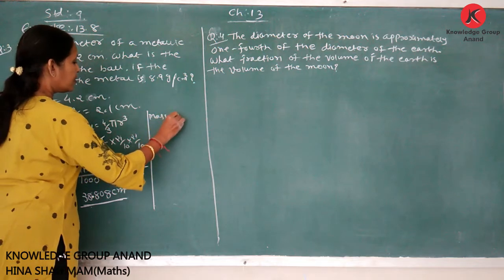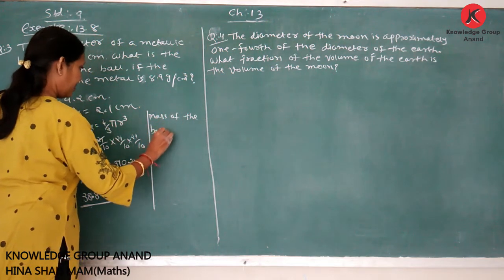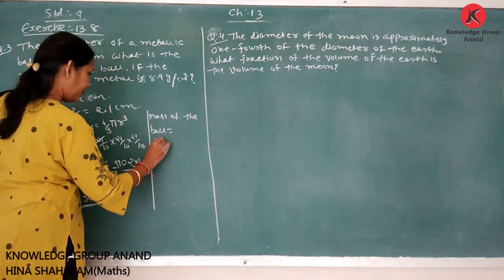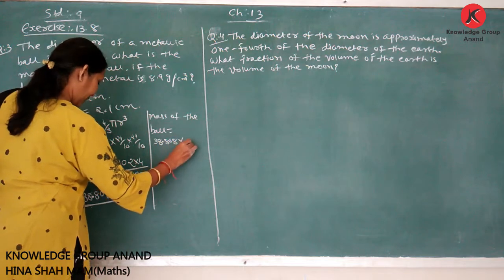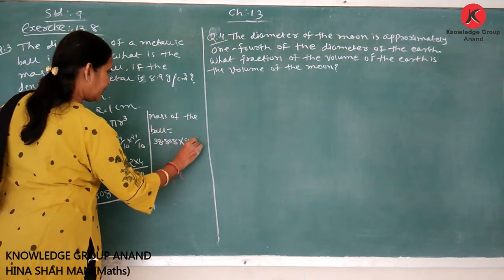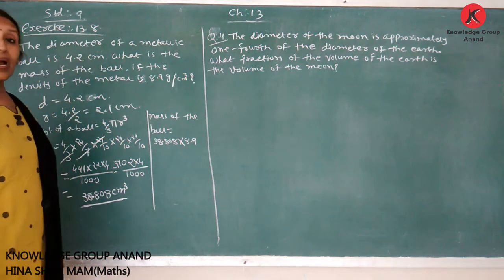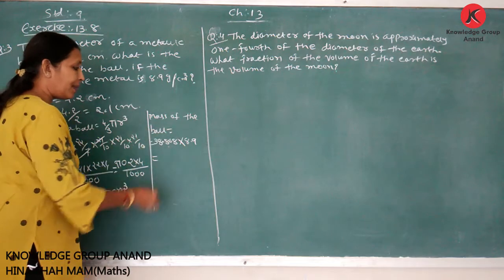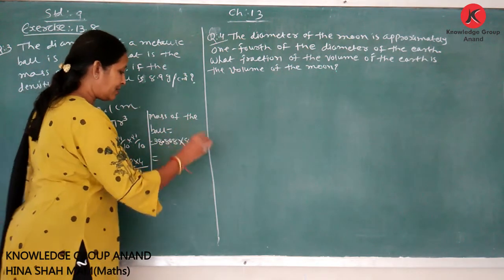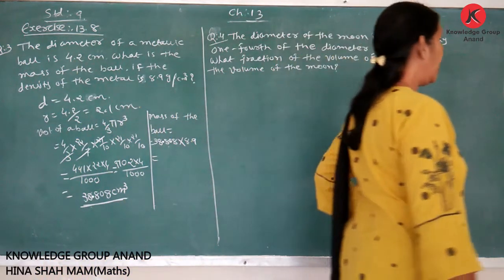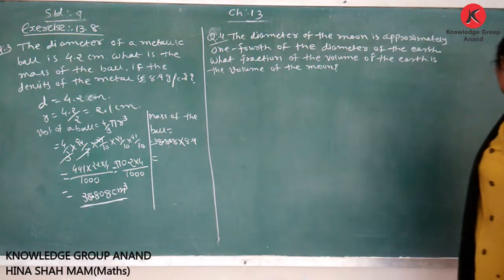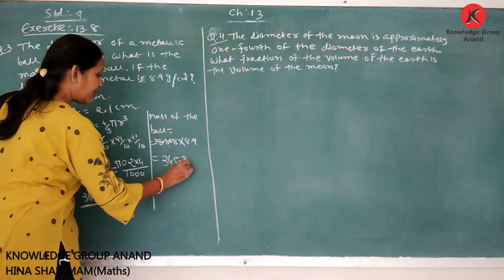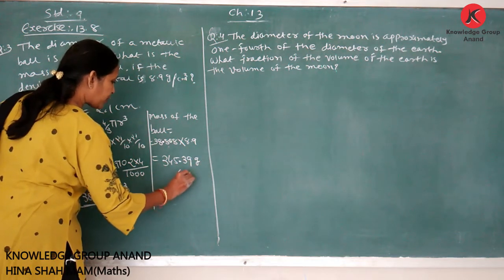Mass of the ball is equal to 38.808 multiplied by 8.9, centimeter cube into gram per centimeter cube, the multiplication of these two terms. 38.808 multiply 89, which is 345.39 gram approximately.